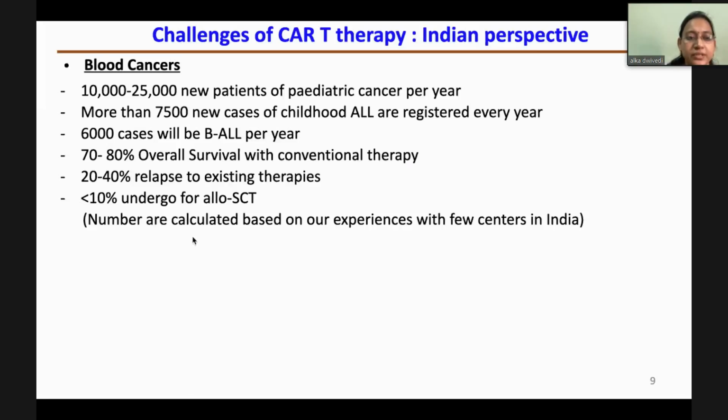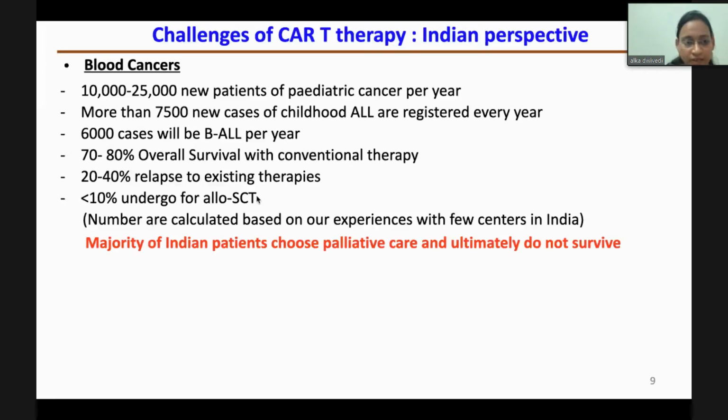Around 20 to 40% of patients relapse with the existing therapy, and of those relapsed, less than 10% undergo allogeneic transplantation. So the majority of Indian patients choose palliative care, and ultimately die because of the unavailability of this therapy.